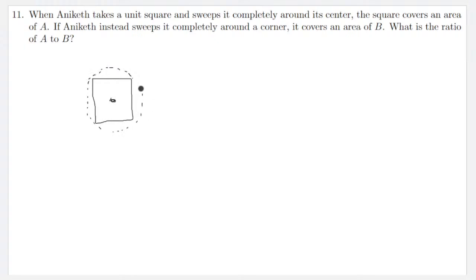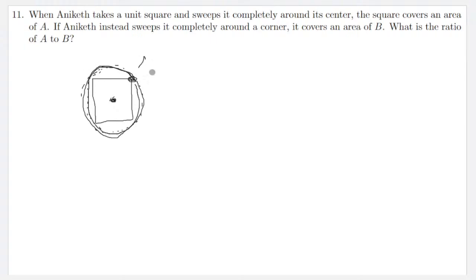So pardon my bad drawing, but basically the outermost points, and you can test this on your own if you cut out a piece of paper and then spin it, the area covered will be a circle formed using the radius that is the outermost point. And so from the center of the square, the outermost point is actually any of its corners. And so if we sweep it out, this is the area of the circle.